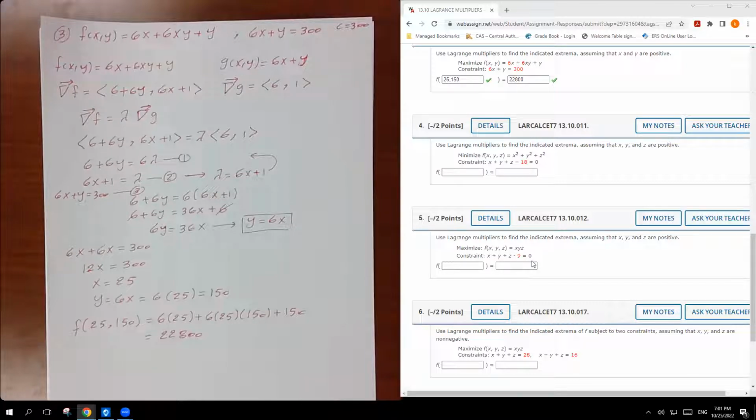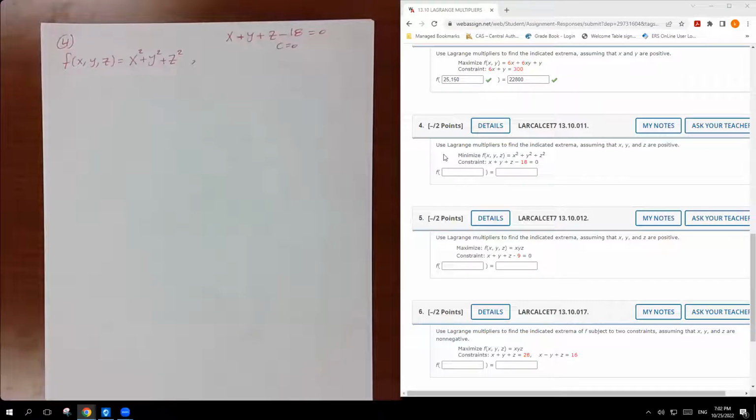We're going to do the same thing with example 4, but we have the constraint and we have f of x, y, z, 3 variables. So example 4, use Lagrange multipliers to find the indicated extrema, and x, y, z are positive.